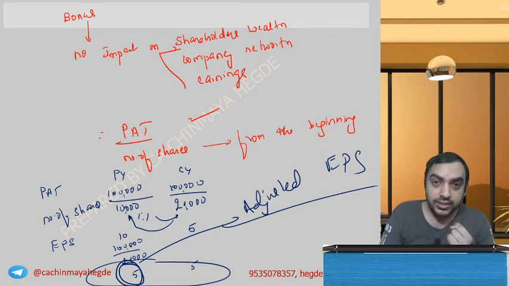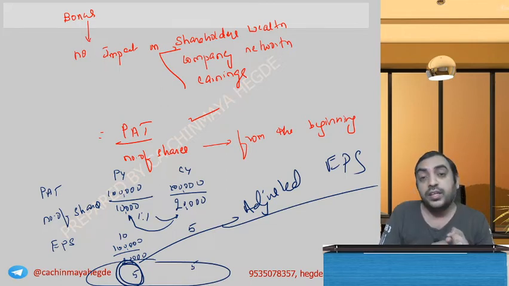It can be bonus shares, it can be right shares to an extent, it can be stock split, reverse stock split, those kind of elements.